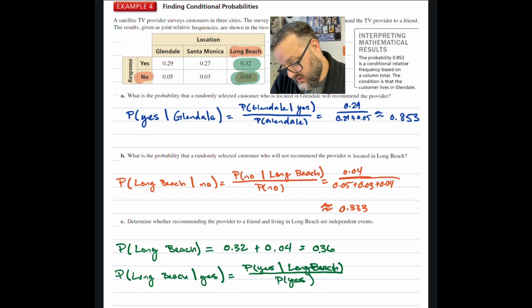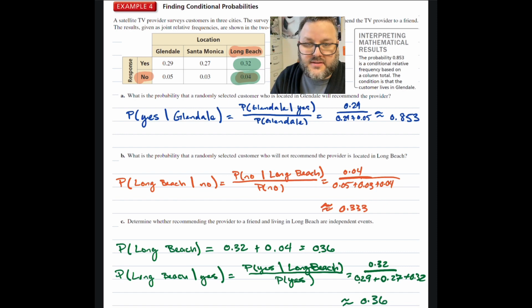Now, the idea here is if we take Long Beach and compare it to yes, because that's what we're asking, would they recommend if they're in Long Beach, is that dependent or independent of just living in Long Beach? So if we find the amount of people who would say yes in Long Beach, that's 0.32, and we divide that by the total amount of people who said yes, 0.29 plus 0.27 plus 0.32, we find that it's about 0.36.